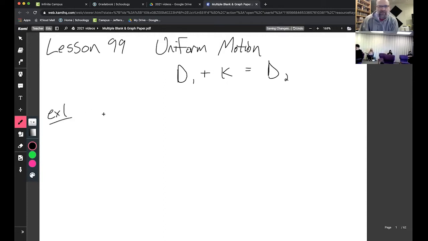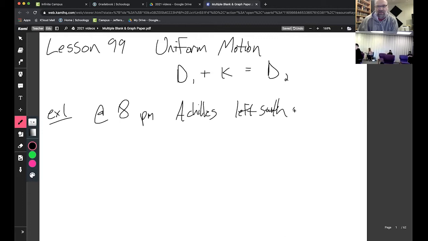So at 8 p.m., Achilles left camp and headed south at 20 kilometers per hour. So left south at 20 kmh.